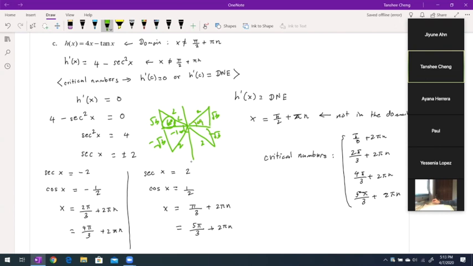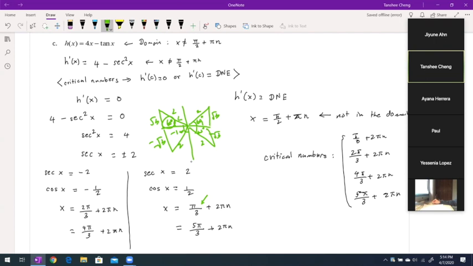This will be 60 degrees, and this will also be a 60 degree reference angle, but away from 360. So my first answer here will be pi over 3, 60 degrees, plus 2 pi n to generalize it.